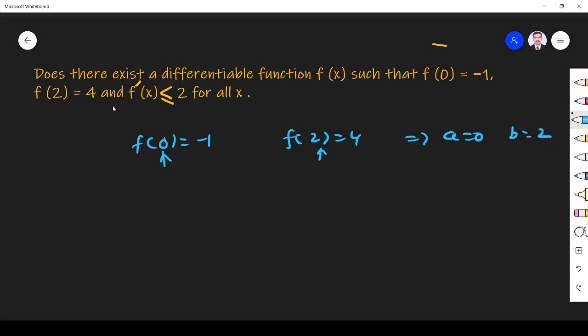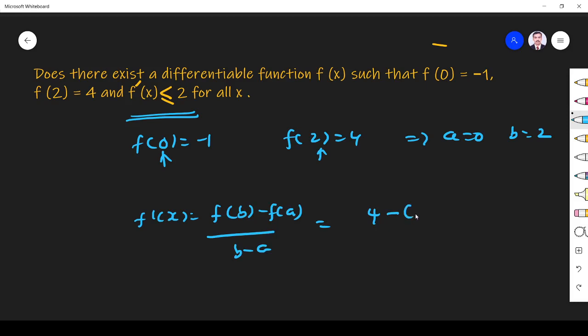So if a differentiable function exists where f dash of x is less than or equal to 2, we are applying f dash of x equal to f of b minus f of a divided by b minus a. So f of b is 4 minus of minus 1, b is 2, a is 0. So that must be less than or equal to 2.